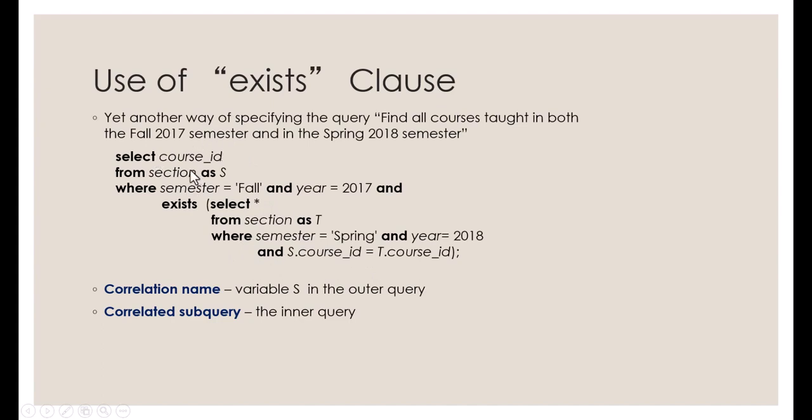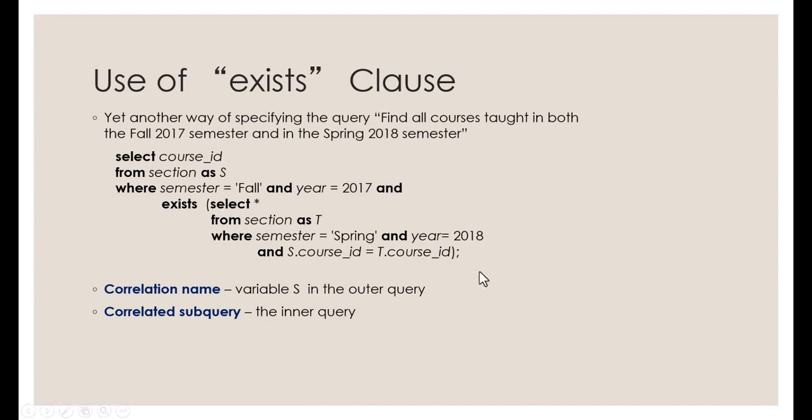This one will be returning all the courses that were offered in fall of 2017. This will be returning all the courses that were offered in spring of 2018, right? So if the course ID from S and the course ID from T are equal to each other, that means they were offered in both, okay?